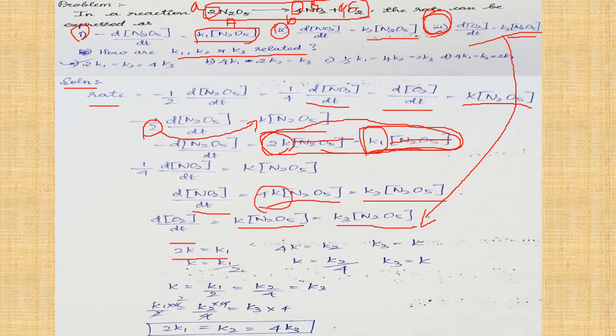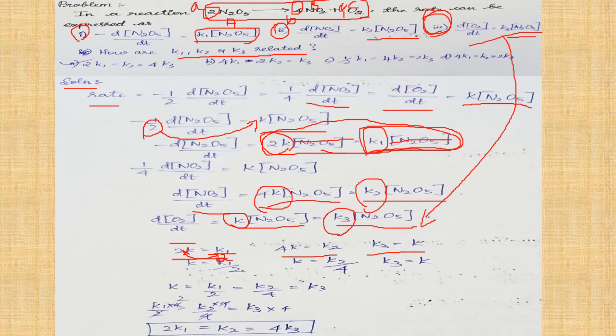This 4K and K2 we are going to equate for NO2. And for K3 we are going to equate K with K3. By equating, this 2 goes to the denominator on this side. This 2 is in multiplication, so this 2 goes down. So K is equal to K1 by 2.